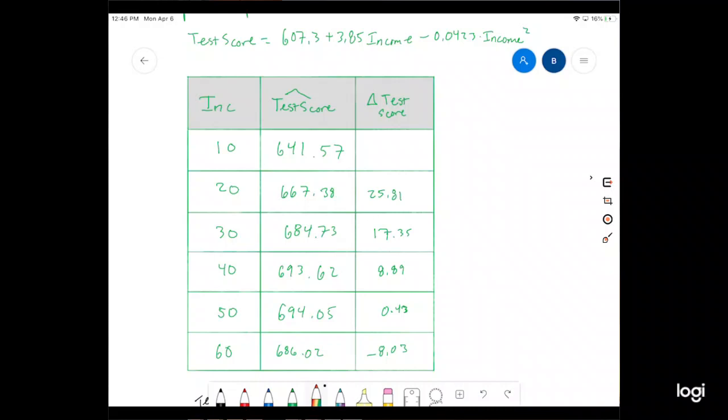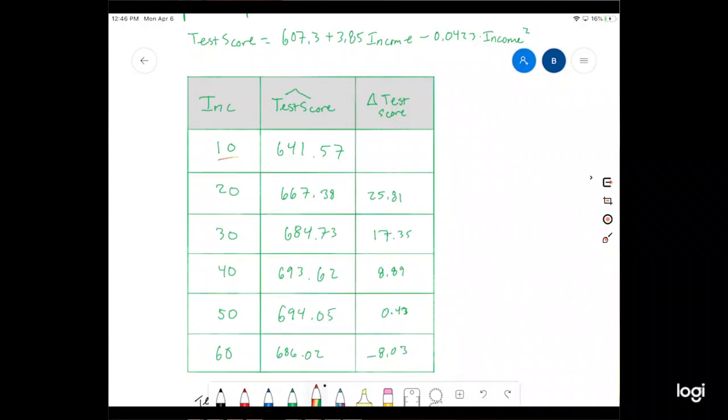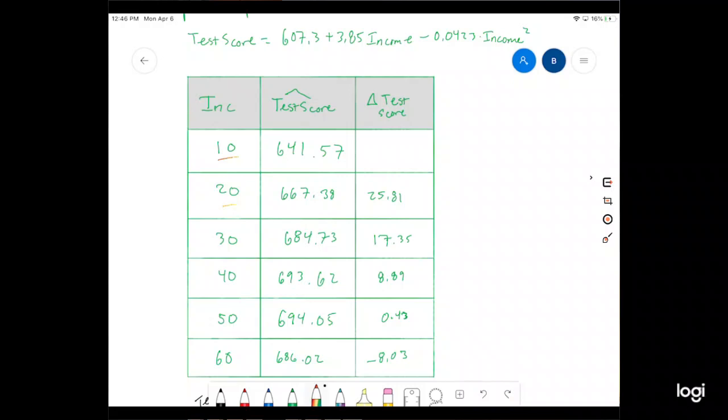So we'll use income equals 10, income equals 20, income equals 30, etc. We'll plug those values into the sample output up here. So I'll put a star here to indicate that I'm talking about the sample output. Okay, so we're plugging in 10 into this equation, the sample output with a star.